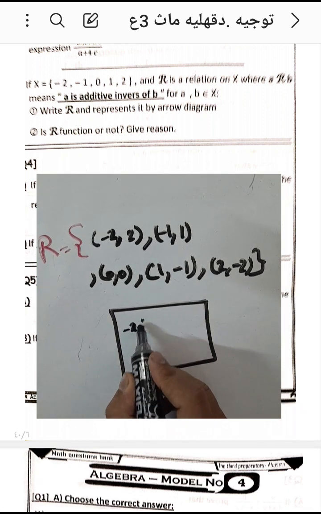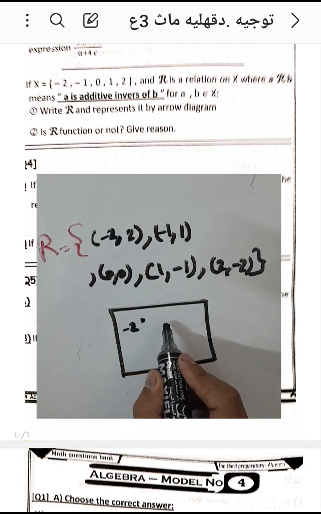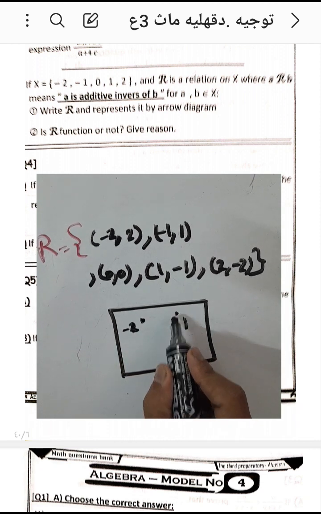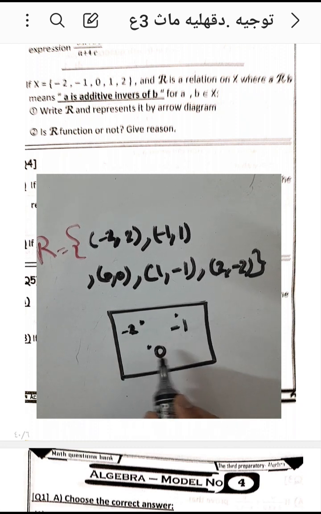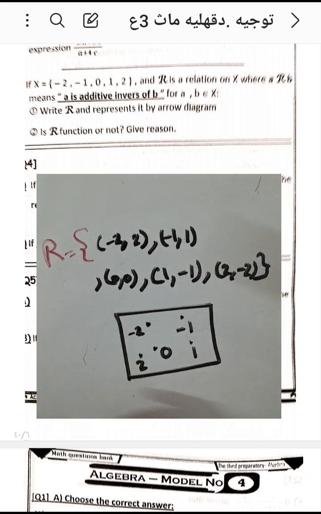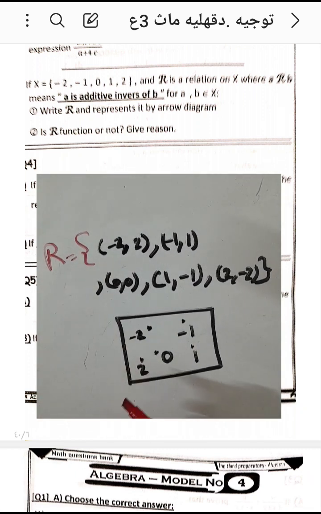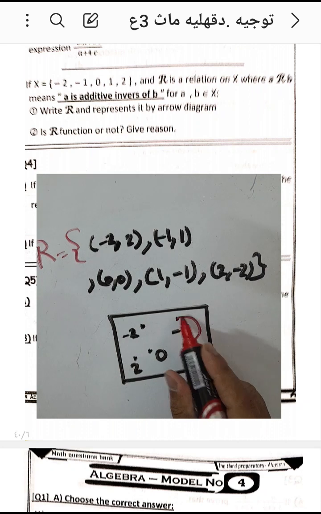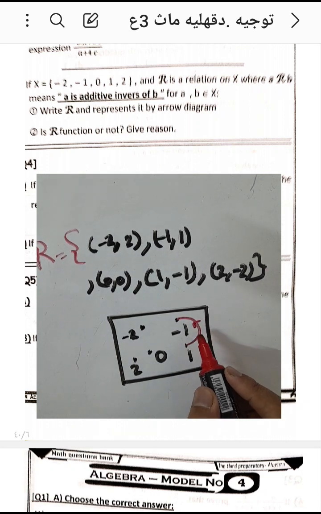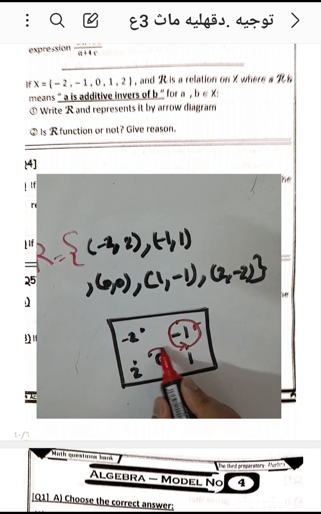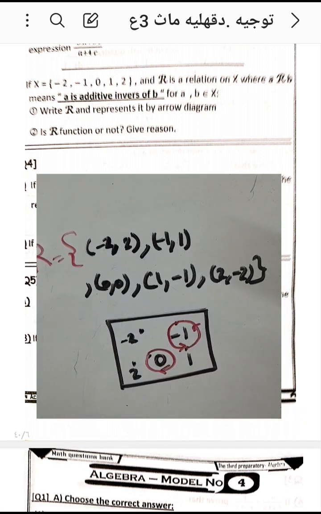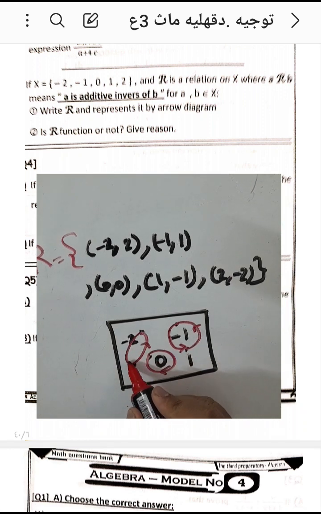Using these points: -2 and -1, 0, 1, and 2, and then join the points on the reverse, 1 with -1 and -1 to 1, 0 with itself, 2 to -2 and -2 to 2.